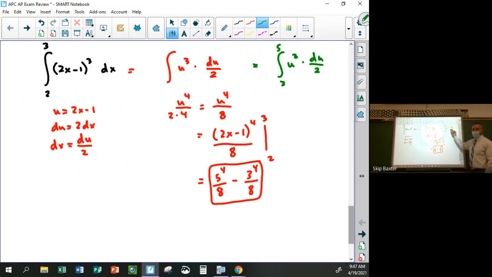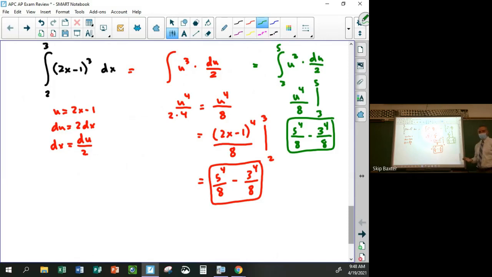But you can see that this is going to end up being the same thing. This is u to the 4th over 8, also from 3 to 5. Don't substitute back into x's now, and you'll get the same answer, 5 to the 4th over 8 minus 3 to the 4th over 8. Same answer.